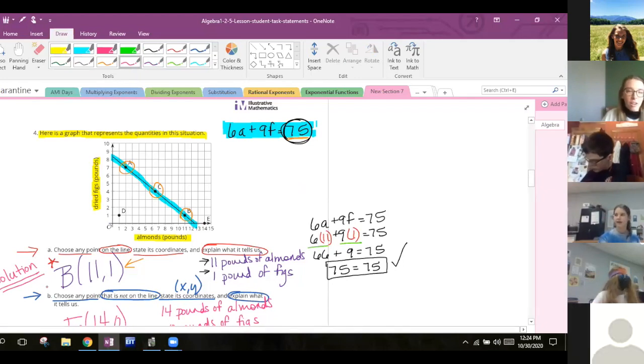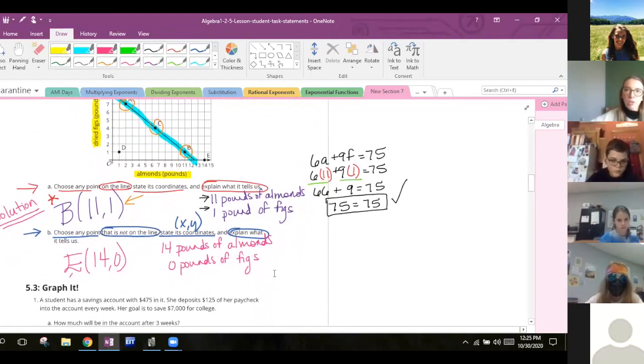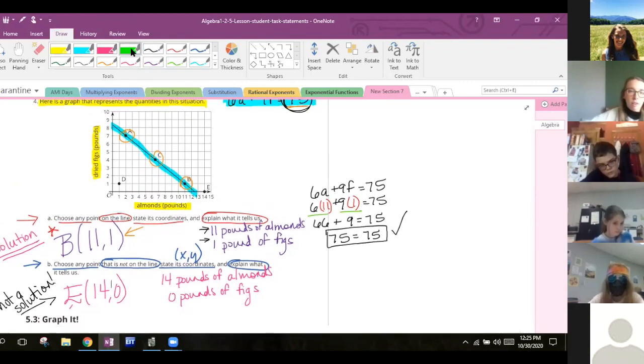Okay, so any coordinate that is on the line of the equation that we graph would be considered a solution. Okay, so then what do you think the significance of values that are not on the line is? Not a solution. Good. Okay, so if we look back up at our graph, values D and E would not be considered solutions.